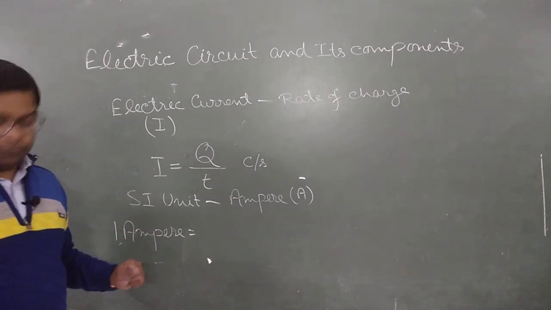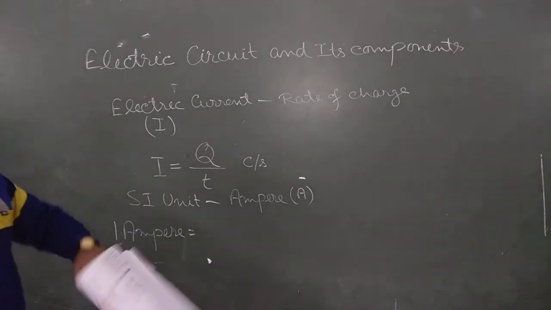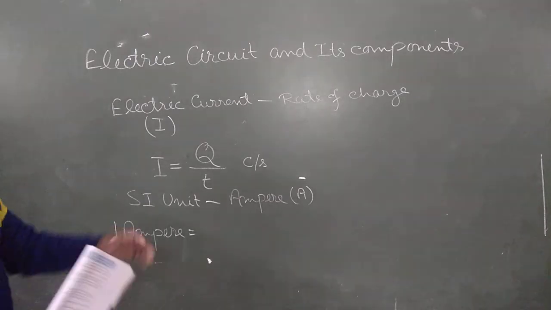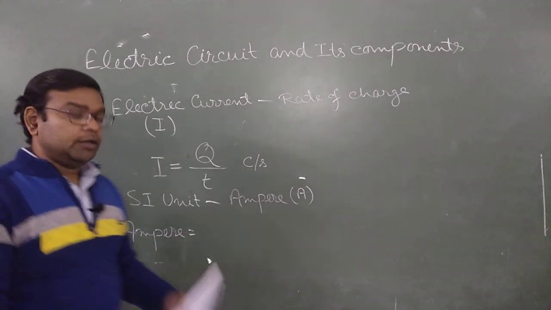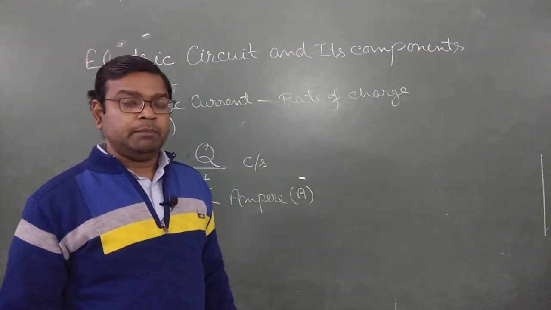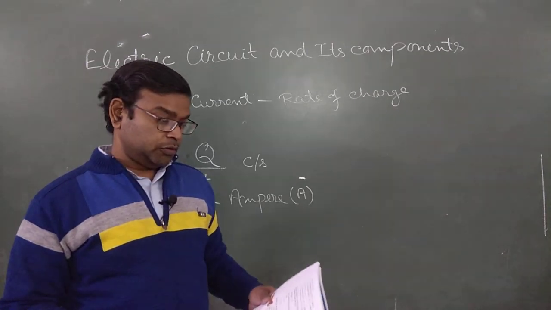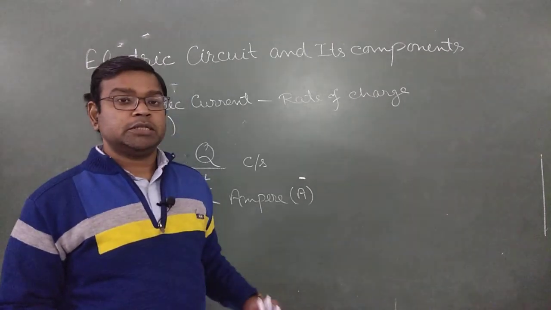This is the definition of 1 ampere. All of you must remember this one. Like all metric units, ampere can be converted into kiloampere or milliampere also. You must read the relationship given in your book.